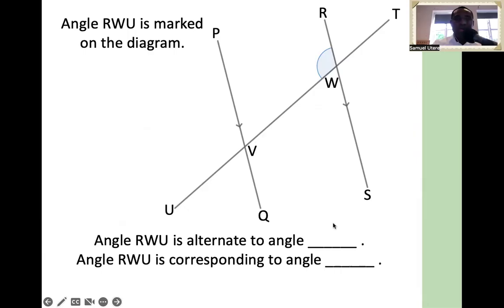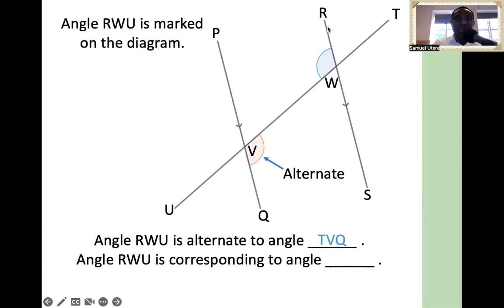And then if we're required to complete this statement, we can say angle RWU is alternate to angle TVQ, right? By now you know how to identify alternate angles, and you can see that invisible Z shape, just visualizing it, it's on its side.